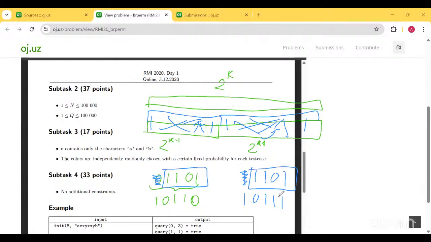So if we are only considering k minus 1 bits, something like this, then for this part, it will go to even numbers. For this, it goes to odd numbers.